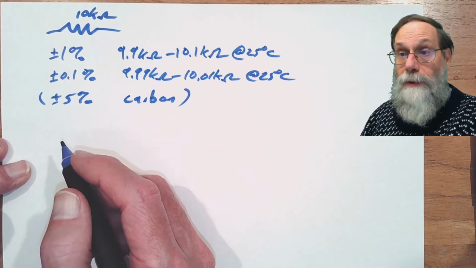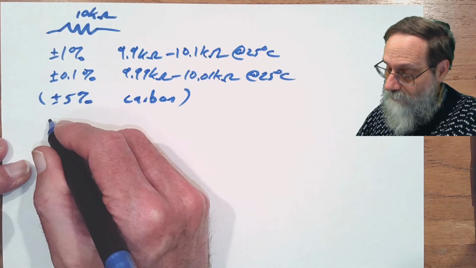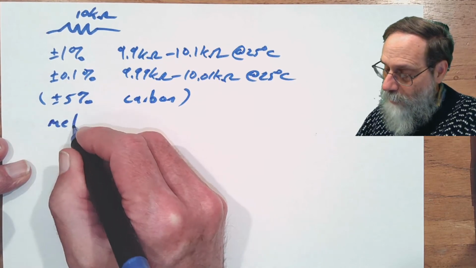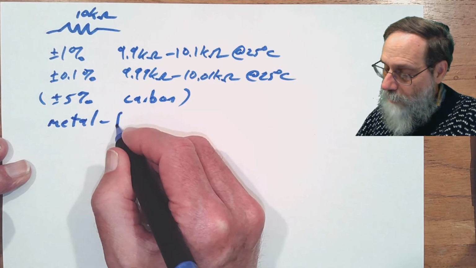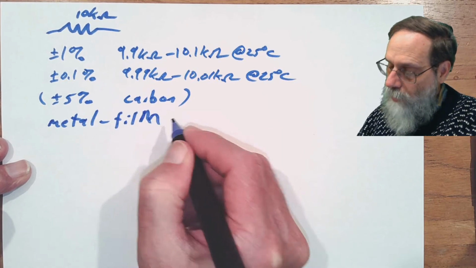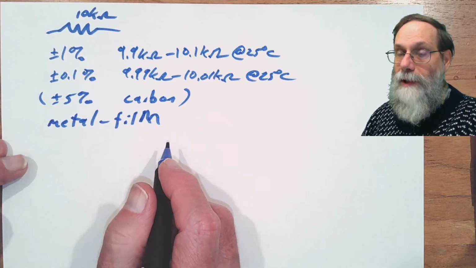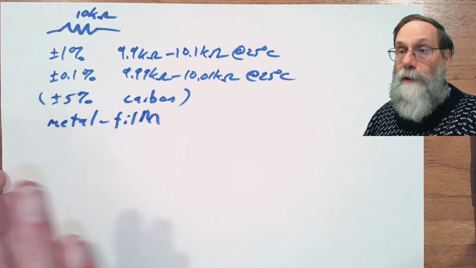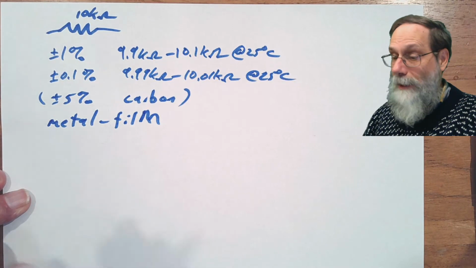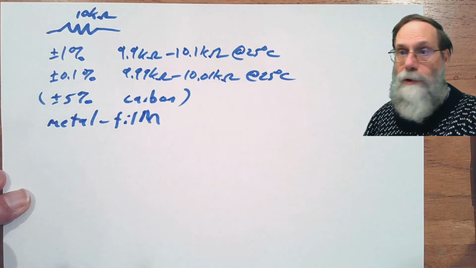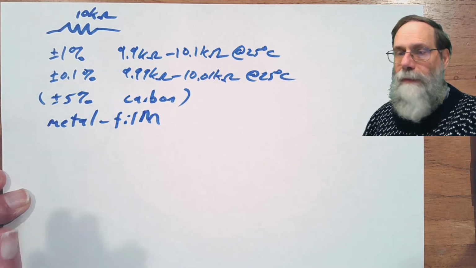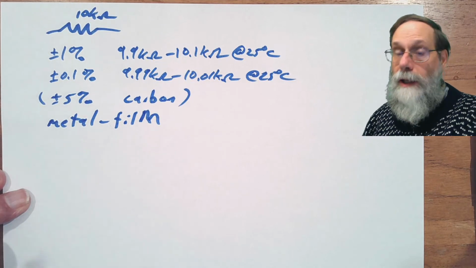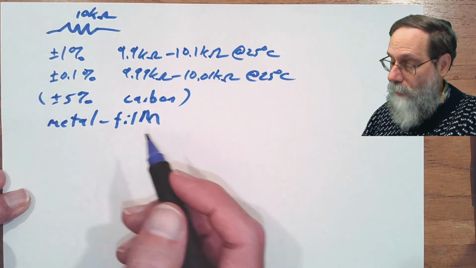Actually, there are three types of resistors commonly available. The ones I've been talking about that we use in class are the metal film ones. They basically consist of some sort of ceramic or other substrate with a thin layer of metal on it, the metal film. That metal film is then patterned, usually by some sort of lithography process, to get the resistance that you want.